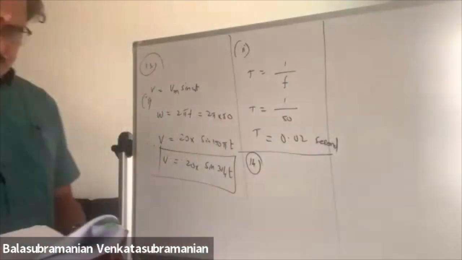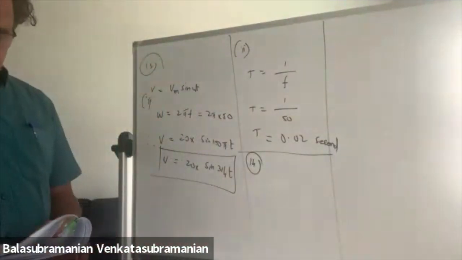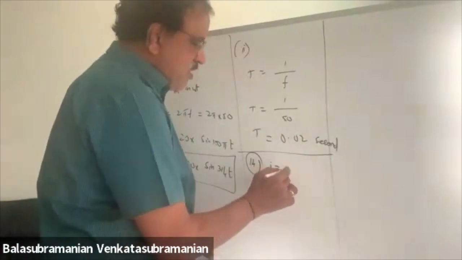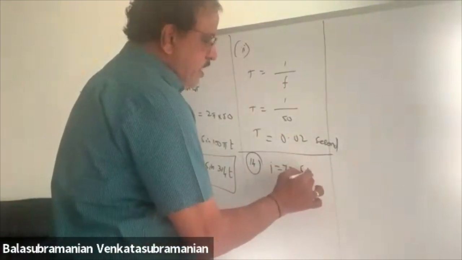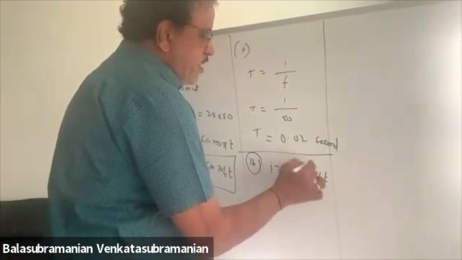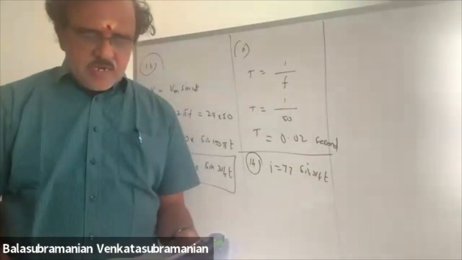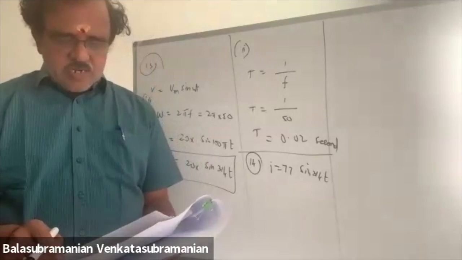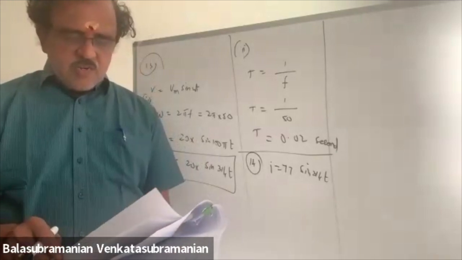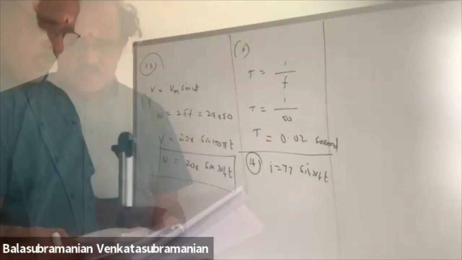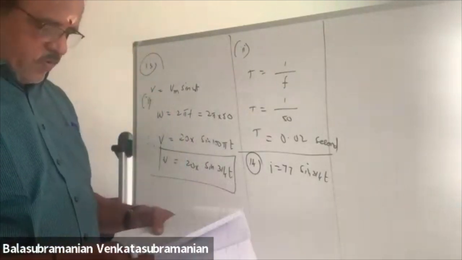14th one. The equation for an AC is given by I is equal to 77 sin 314t. You have to calculate peak current, frequency, time period, instant value of current at 2 millisecond. 77 sin 314t.